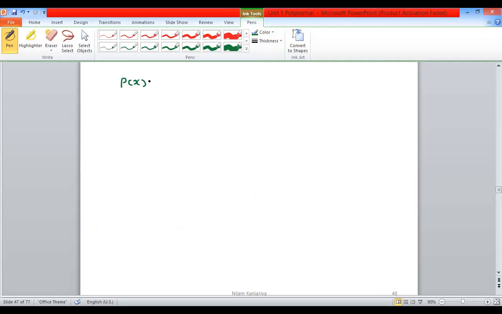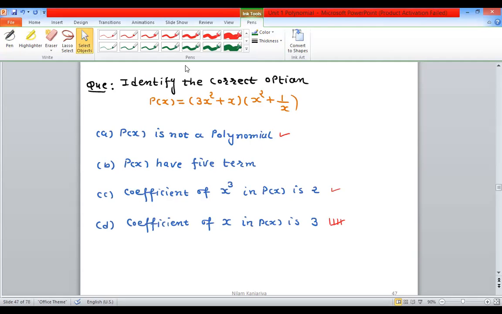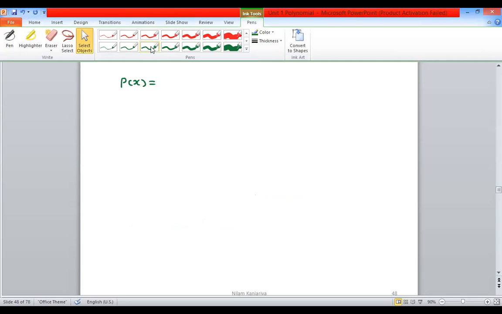P of x is 3x square plus x, again x square plus 1 upon x.